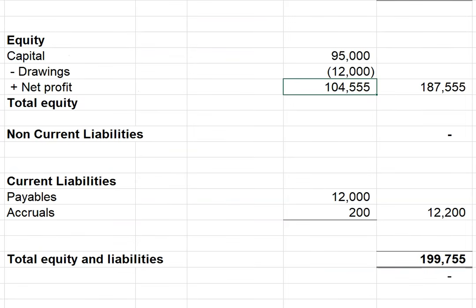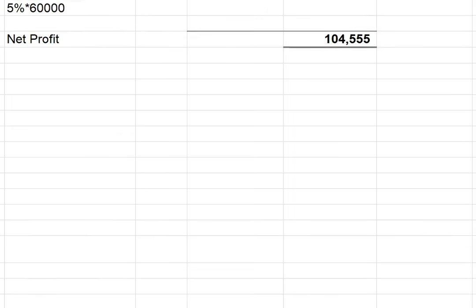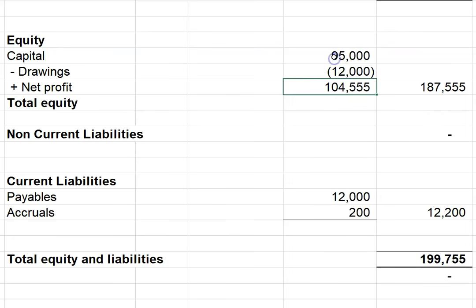And the net profit is the figure that we calculated in our profit and loss account, or our statement, or income statement. So those three things are added together to give total equity of 187,555.